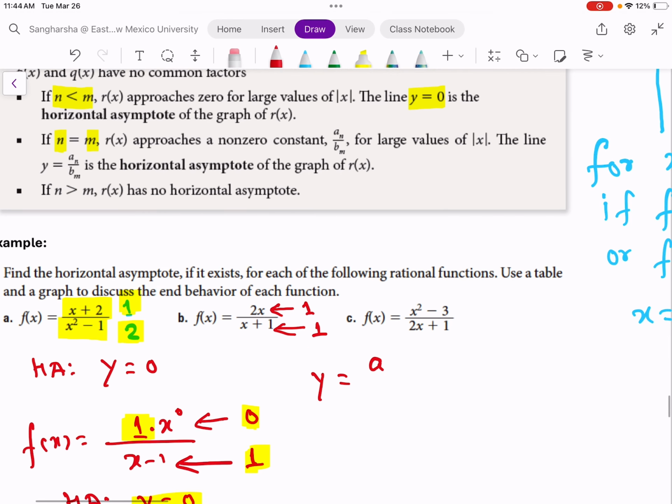So a is the coefficient of the leading term in the numerator.